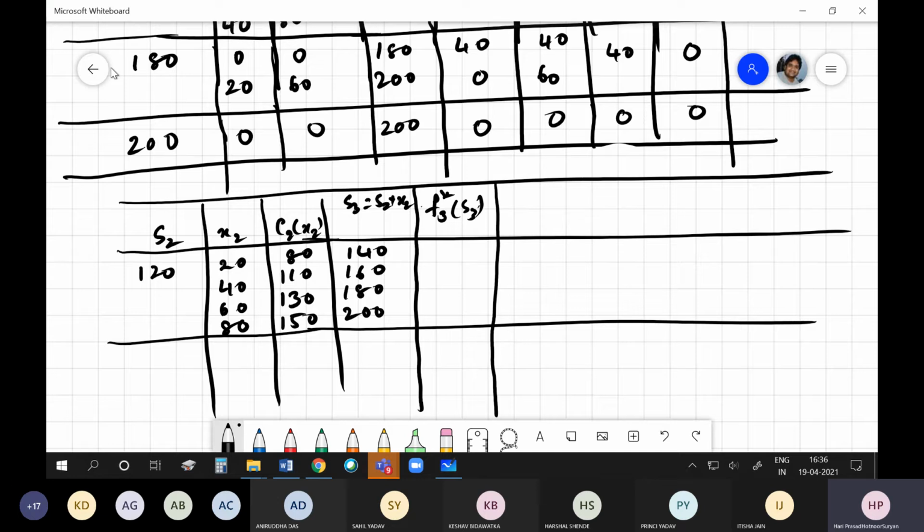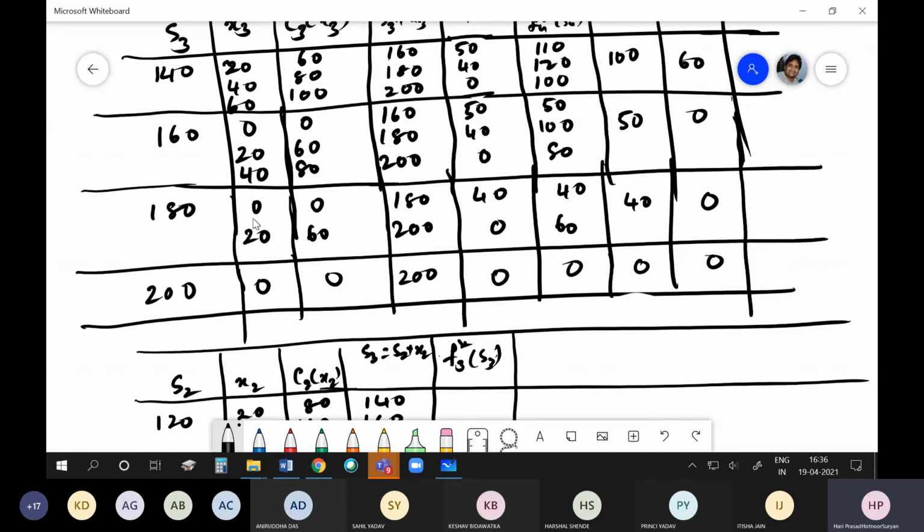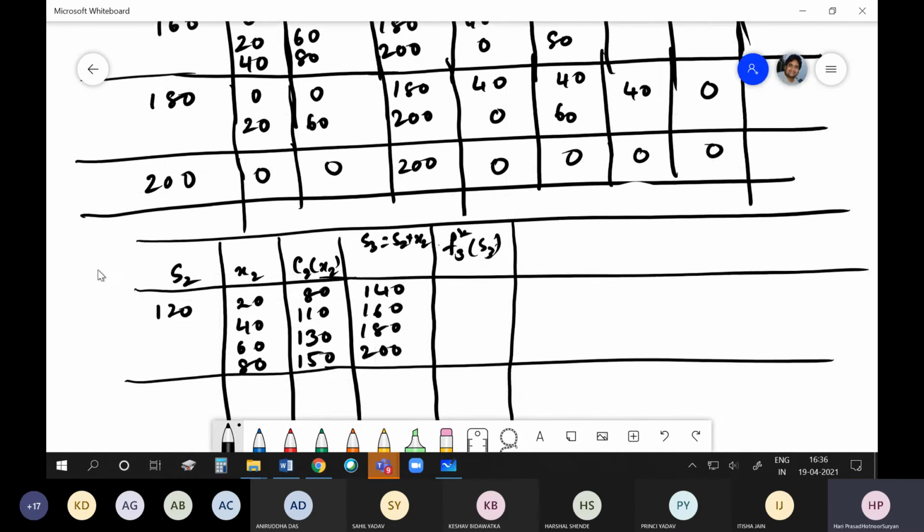Okay, which you have to get from this table. From this table, if S3 is 140, this will be 100. If it is 160, it is 50. So this you have to bring here. Okay, so that will be 100, 50, 40 and 0. The total will be this and this. So this will be F2 of S2, which is nothing but F3 star of S3 plus C2 of X2.